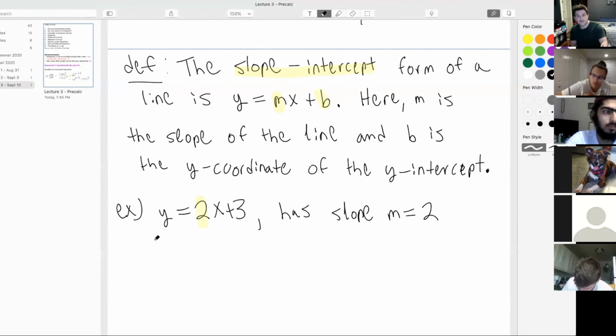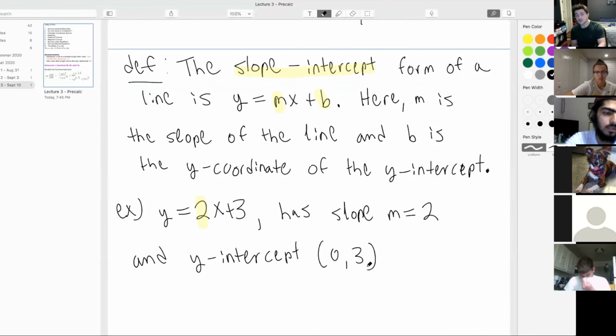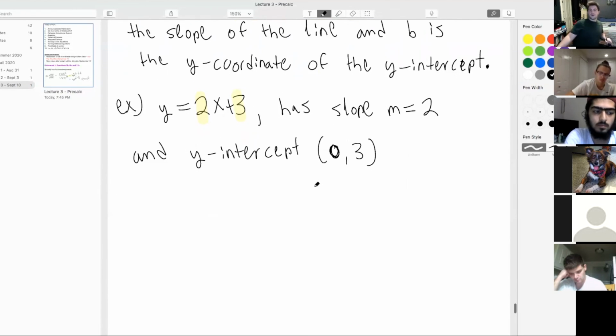You can just read that off. And the y-intercept, I'm going to put into xy coordinate form, 0, 3. And where am I getting 3 from? That's just this constant term, the plus 3. So that's the y coordinate of the y-intercept. All right, so I hope that's okay.